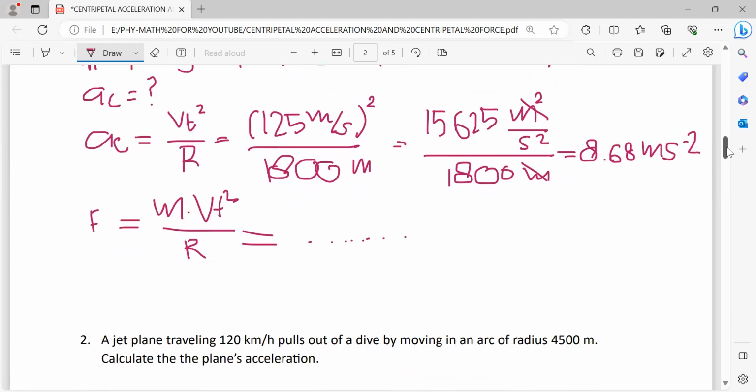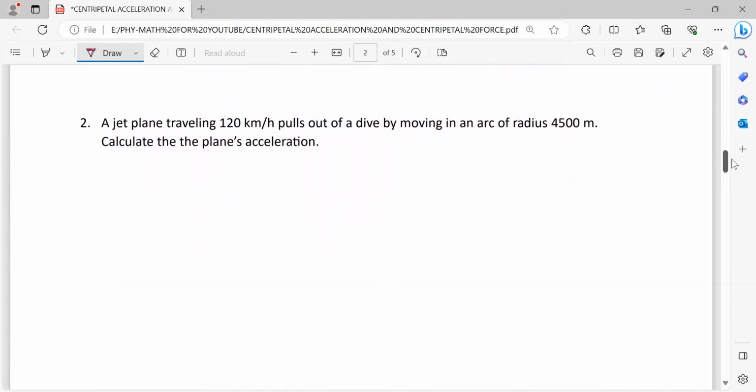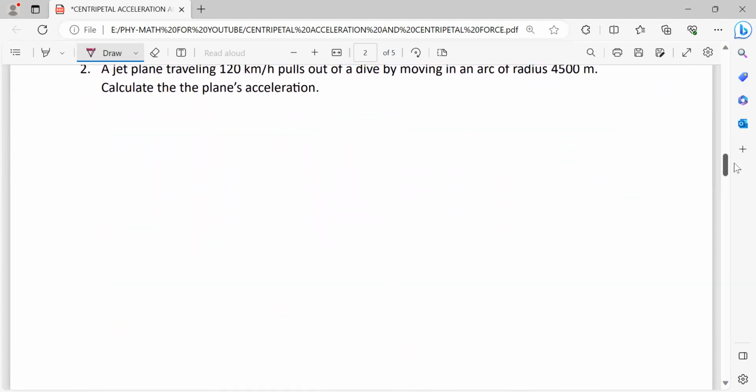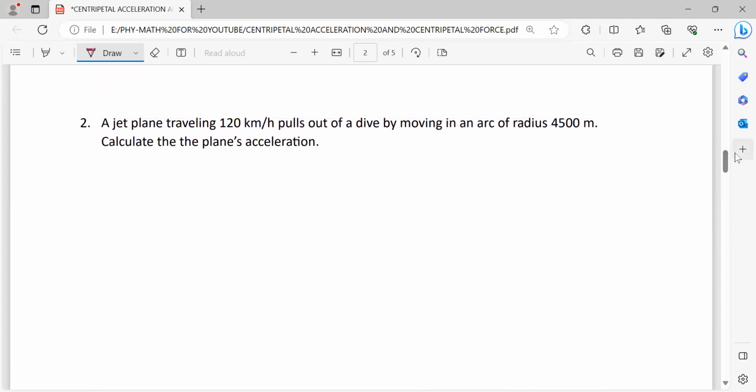All right. Next, number 2. A jet plane traveling at 125 kilometers per hour. Look that the unit is in kilometers per hour. It pulls out of a dive by moving in an arc of radius 4,500 meters. Calculate the plane's acceleration.